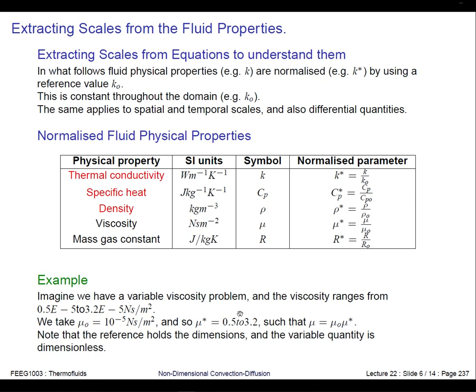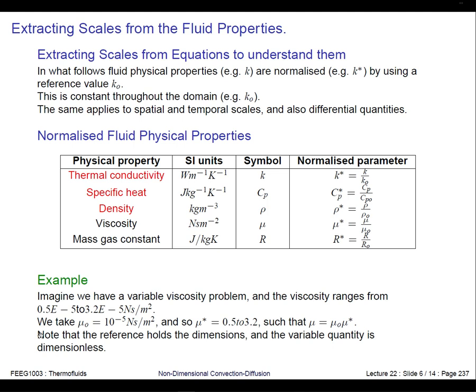So as an example, let's say we've got a domain where the viscosity varies in it. So this might be due to temperature variations. Okay, so let's say our viscosity varies from 0.5 times 10 to the minus 3 to 3.2 times 10 to the minus 5 Newton seconds per meter squared. Okay, so in our domain our viscosity varies over this.